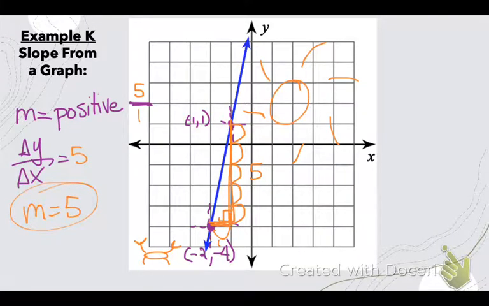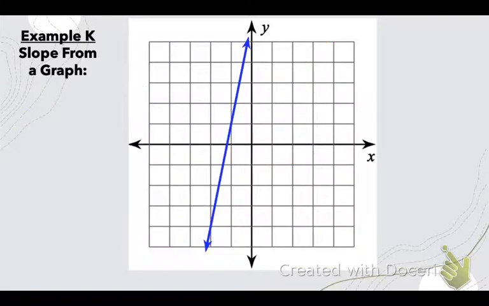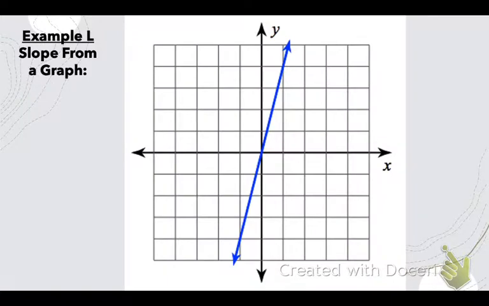Let's try another one. Right here, we also have another positive slope. Here I want you to notice that you actually have 3 perfect points.